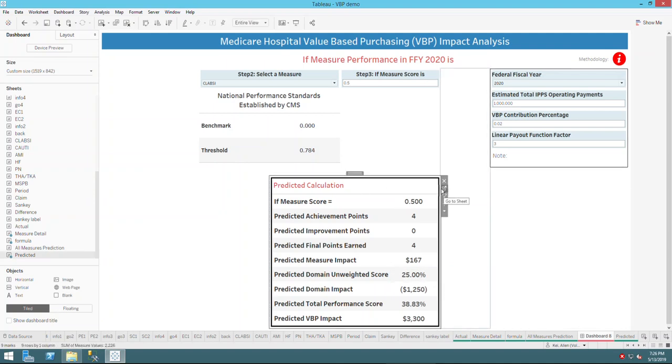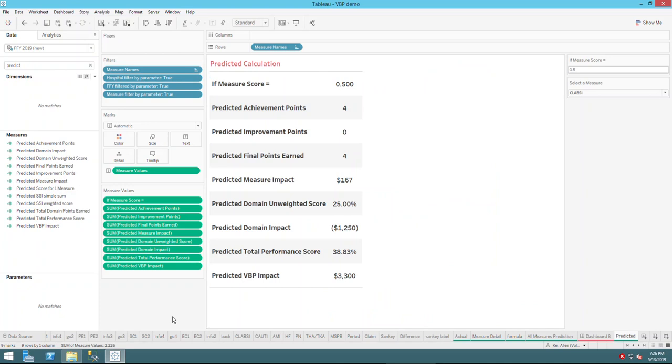Now I'm going to show you how I created the calculation. First of all, my data in the backend is row level. I have one domain, one measure, and one score, and also the threshold, baseline, and benchmark on the same row.